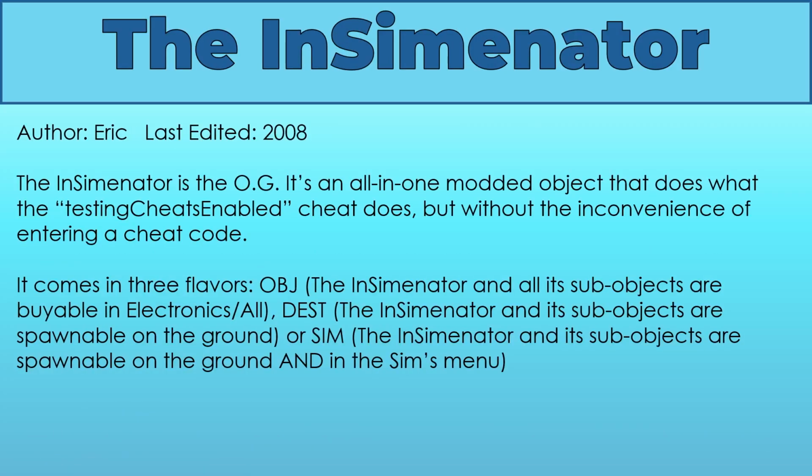So starting with the OG, the InSimenator. This was created by Eric at the actual site InSimenator around 2008. And essentially what it does, it takes the testing cheats enabled cheat codes and turns them into a modded object for convenience. So you don't have to enter testing cheats enabled.